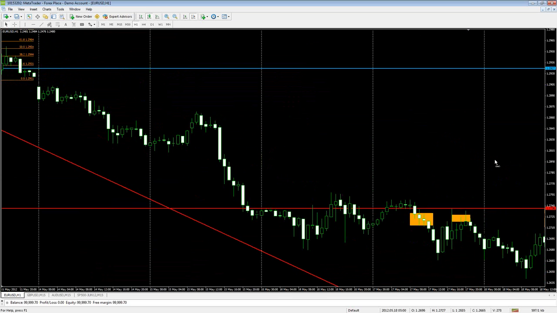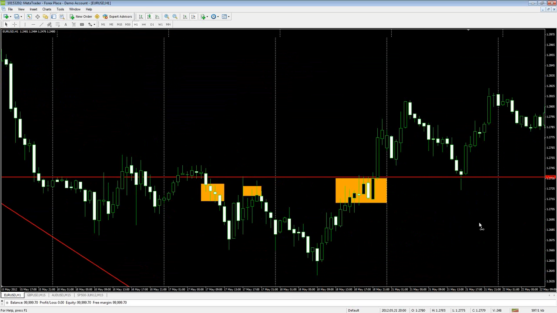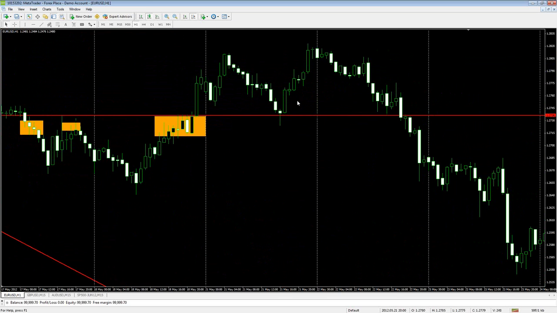And in the other example, where we saw this reversal candle, we were talking about, let's say, somewhere between 15 and 20 pip stop loss, and where to expect take profit or resistance.